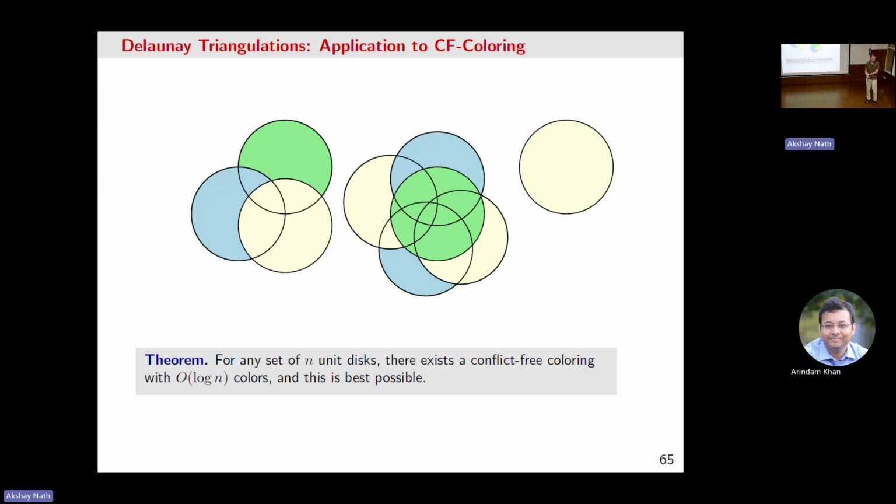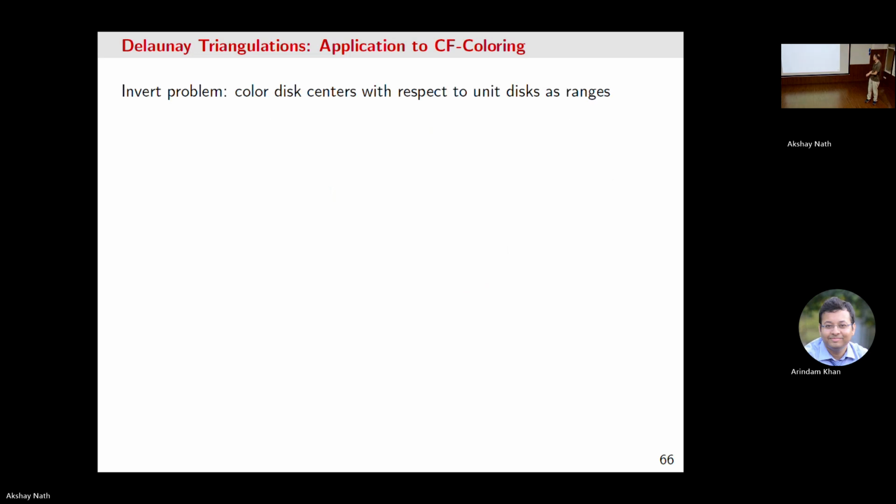And let me describe how to do it. First of all, I'm going to invert the problem. What I was saying before is I give you the disks, and you have to color the disks so that for a point, it has a disk with a unique color.